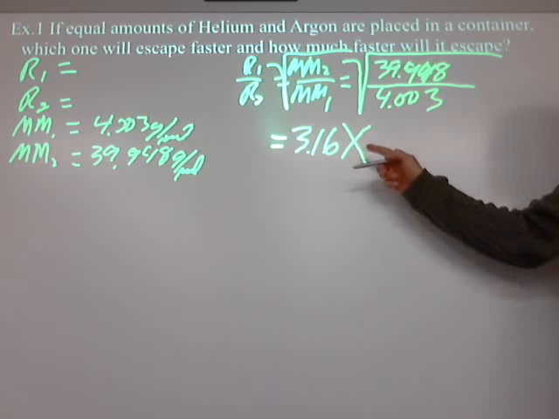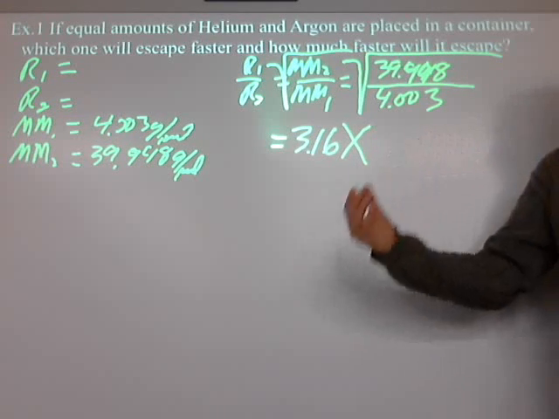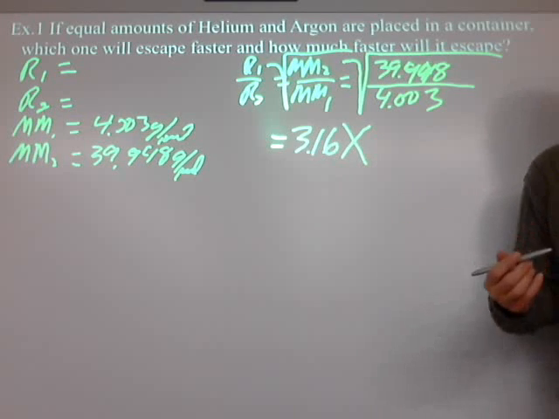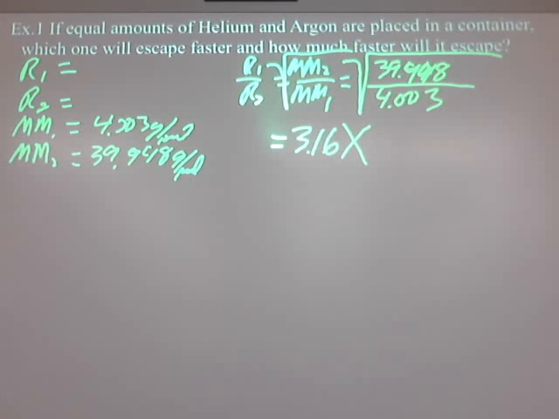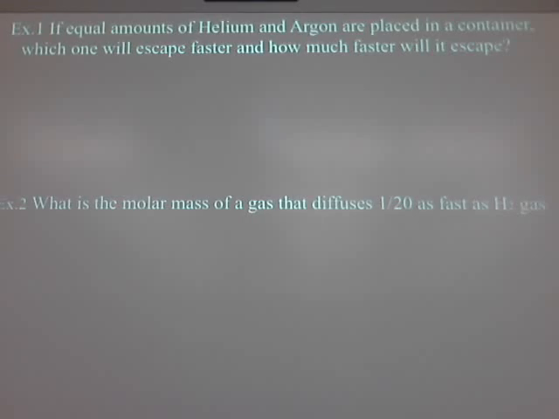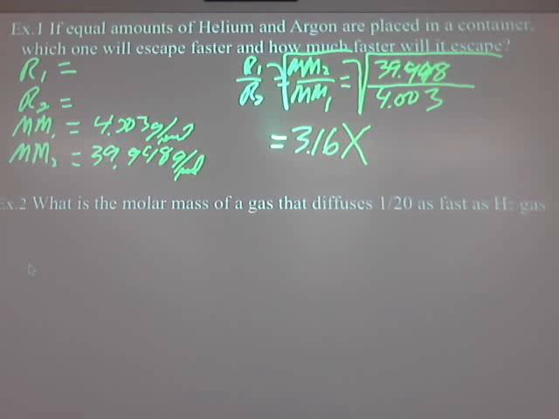That's how many times as fast. 3.16 isn't an actual number, it's just how much faster it's going to go. Make sense? All right, let's just do one more. I'll ask it a different way. This time I'm going to give you the rates, and I'll ask you the molar mass.